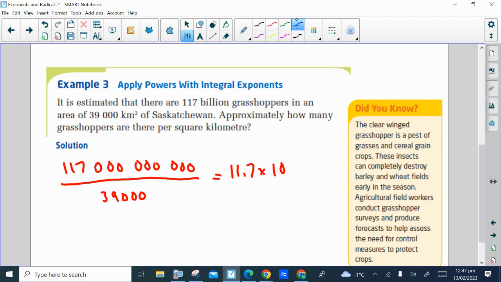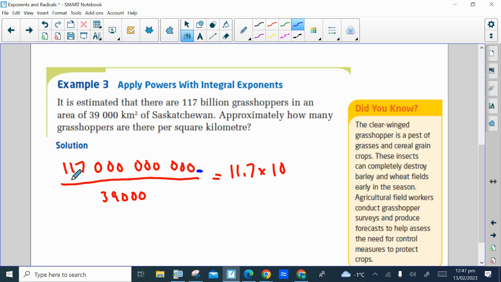And that power is the number of spaces the decimal has to move from where it is right now, which is at the end of the number, to between the second 1 and the 7, because I'm writing it as 11.7.